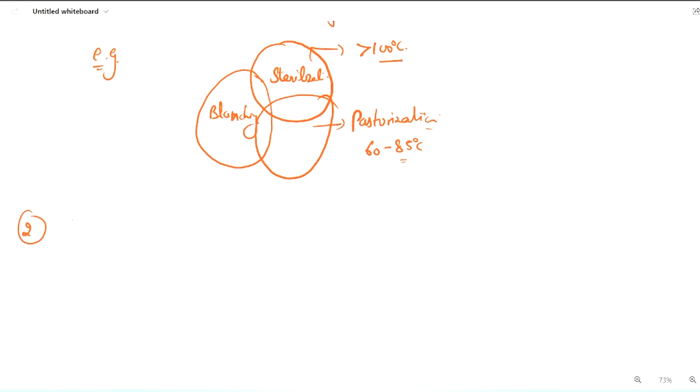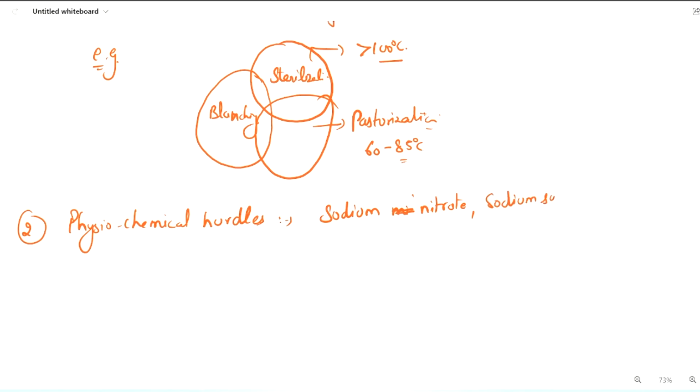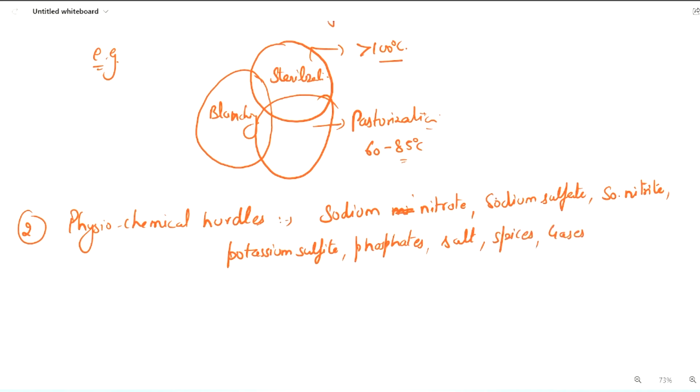In the same way, another type of hurdle is the physiochemical hurdle. These include sodium nitrate, sodium sulfate, sodium nitrite, potassium sulfite, phosphates, salt, spices, gas mixtures, and organic acid treatment.